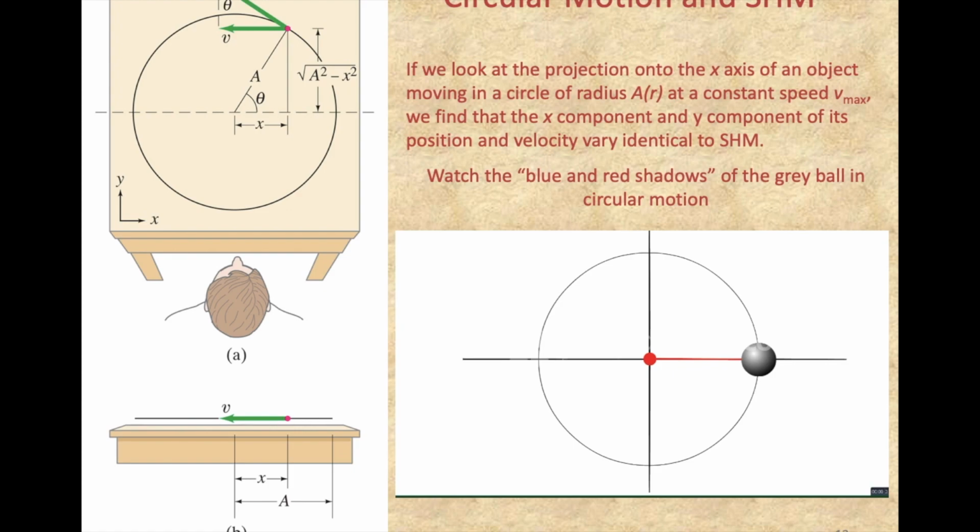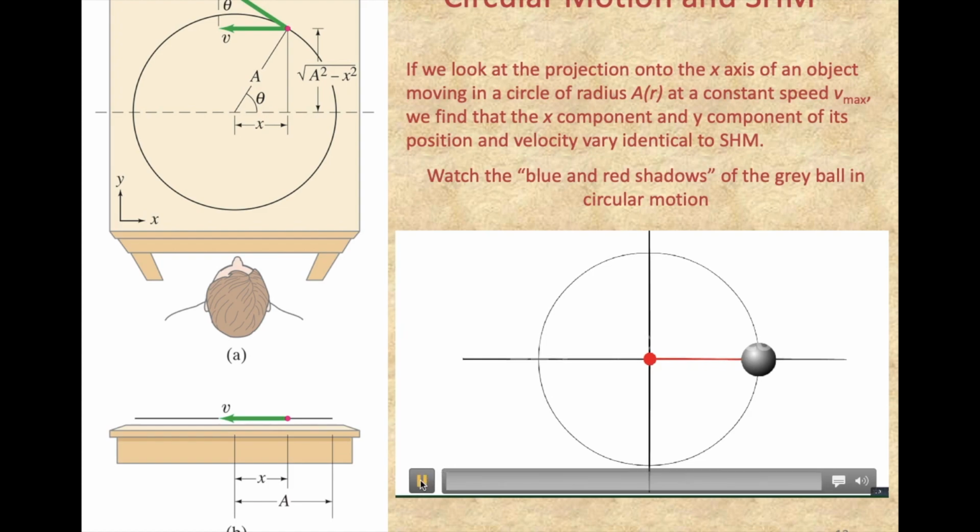So what I'd like you to see here is the gray ball is a mass in uniform circular motion around the unit circle. The red ball represents its y component, and the blue ball represents its x component. As you watch this little simulation, you should be able to see that the blue and red balls are the projections of the gray ball along the x and y axis.